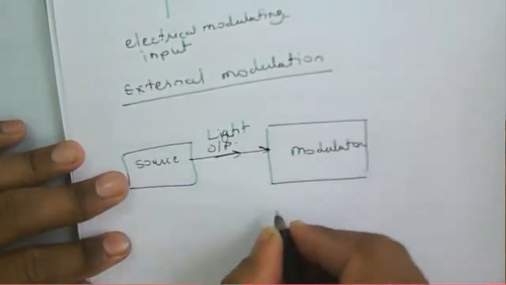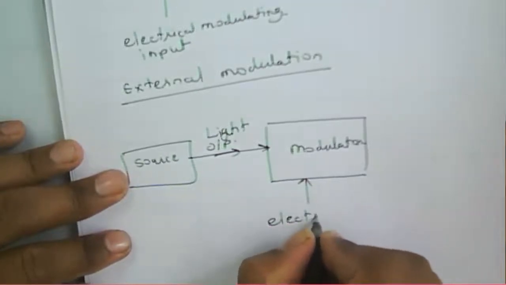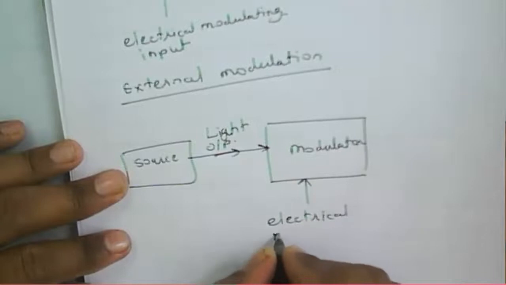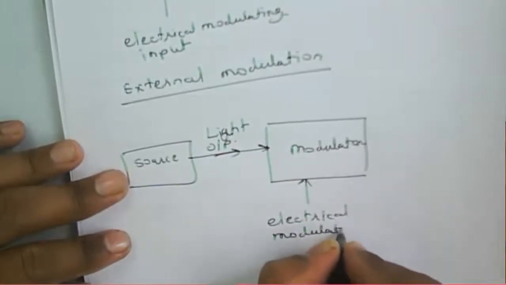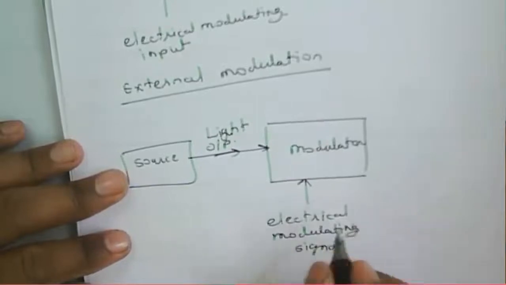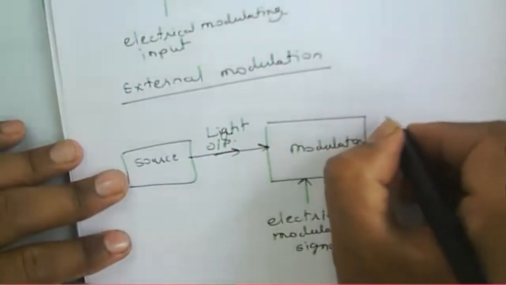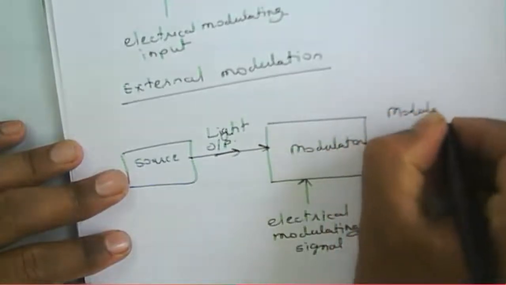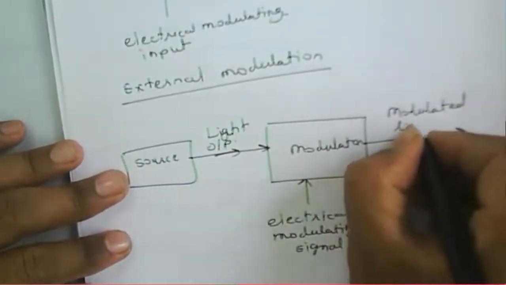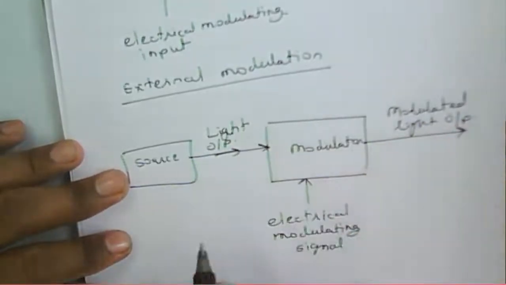This light is given to the modulator, and to the modulator we have to give the electrical modulating signal, so that it will generate a modulated light output.